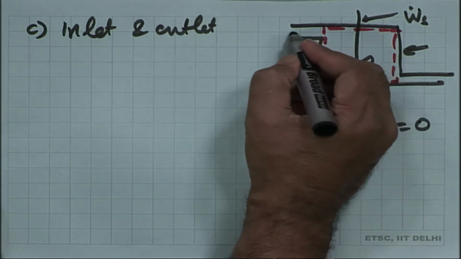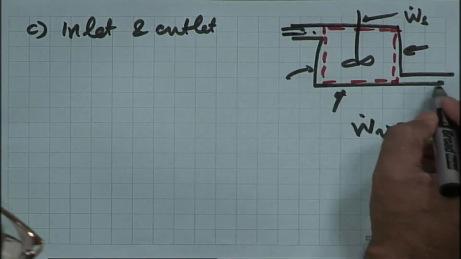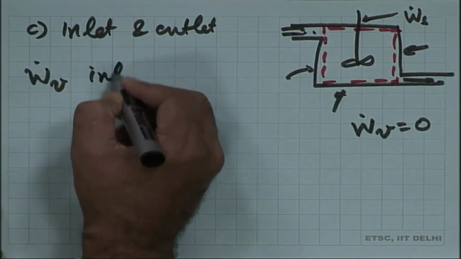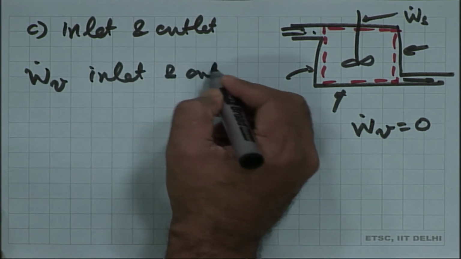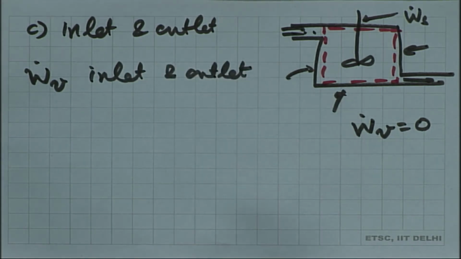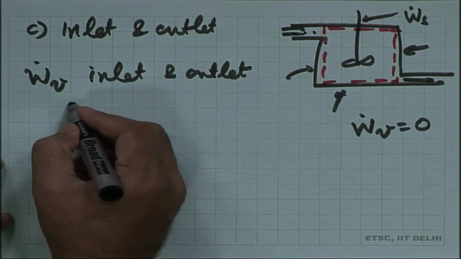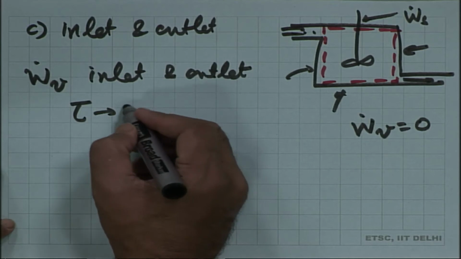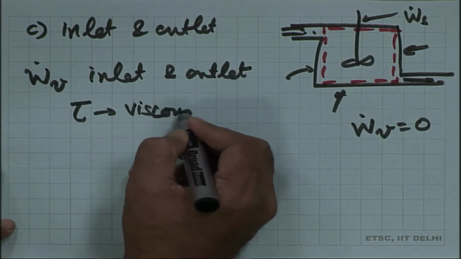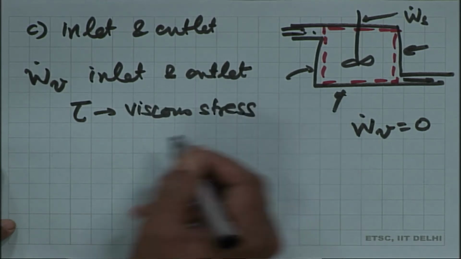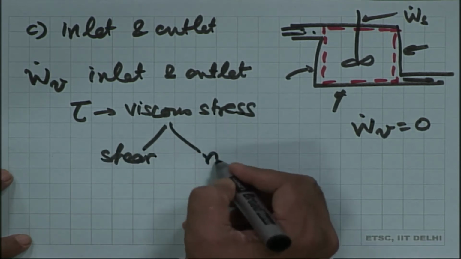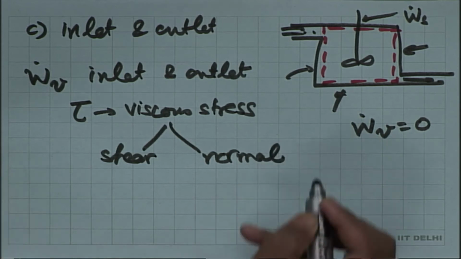So, now we have to bother about viscous work at the inlet and outlet. Now, the viscous stresses which we have talked of, I will repeat this again. This viscous stress will have two components, the shear component and the normal component.